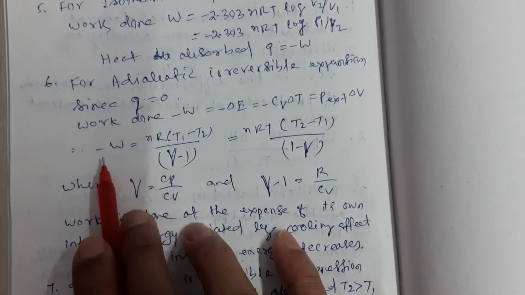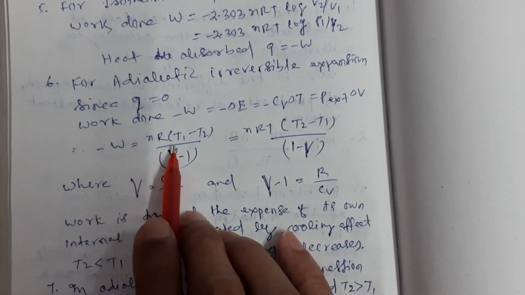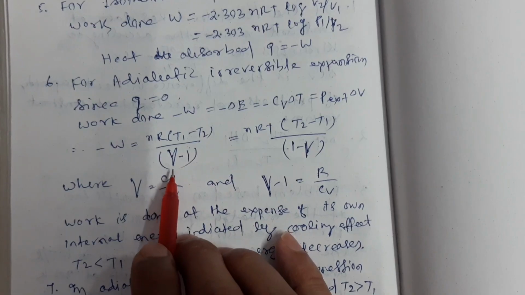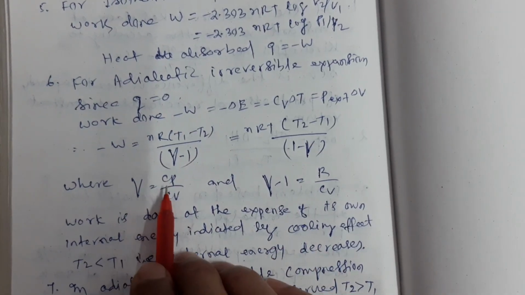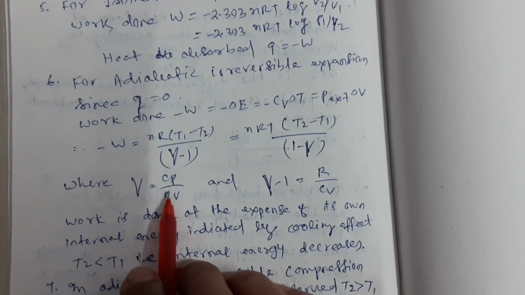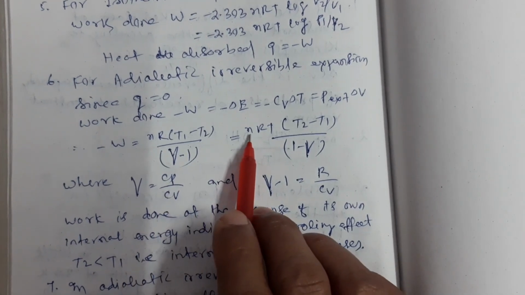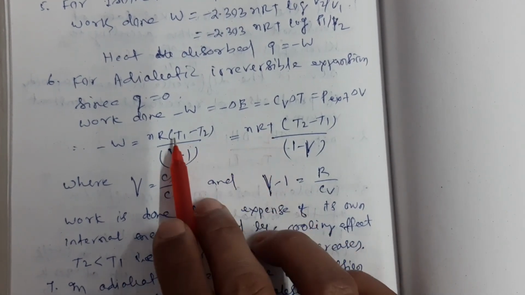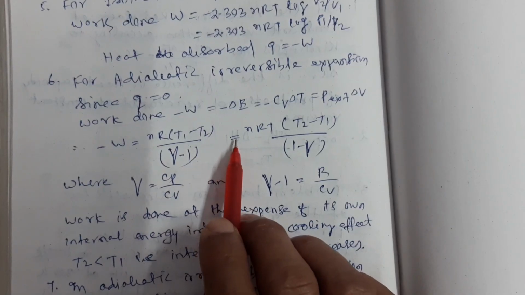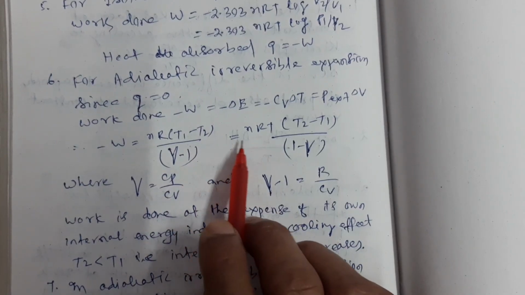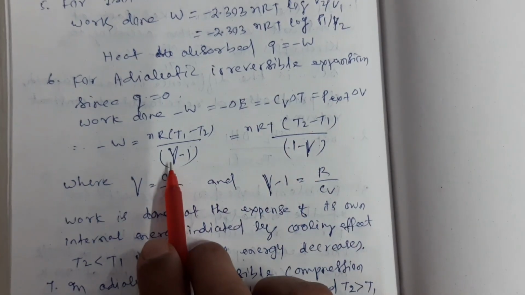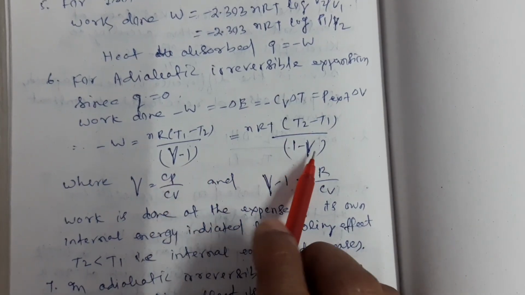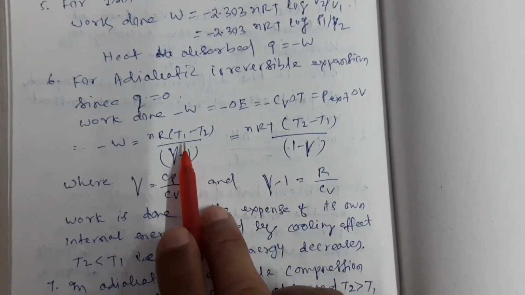So minus work done is equal to nR(T1 − T2) / (γ − 1). What is gamma? Gamma is Cp by Cv, we know. So this is nRT; you put minus, so you will get T2 minus T1, so γ − 1 will convert to 1 − γ. Okay, and you understand?